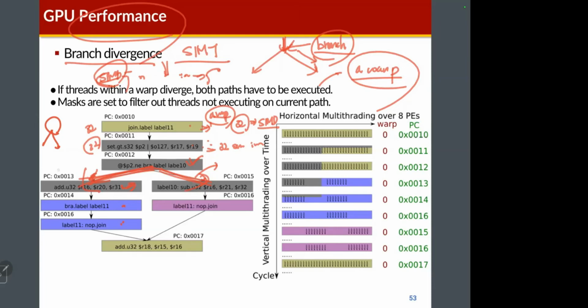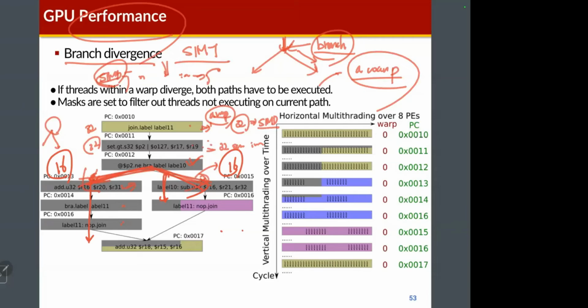For example, 16 threads can execute this path, and also 16 threads can execute that path. So what's the problem? If a warp executes the 32 threads concurrently, then we can efficiently use the GPU's compute cores.